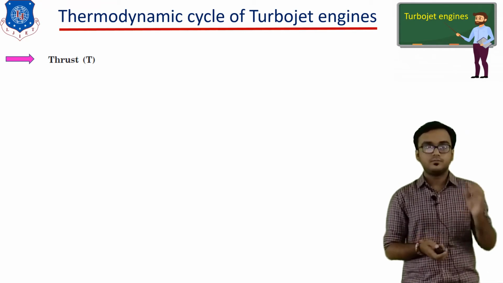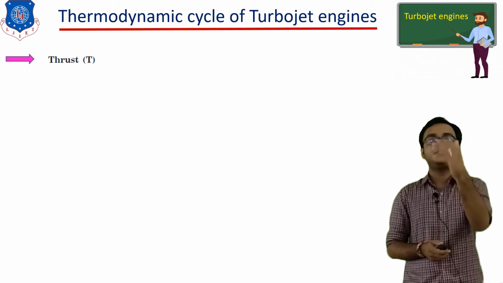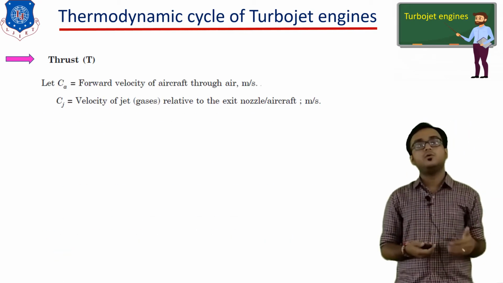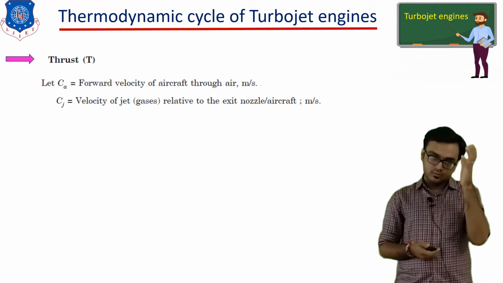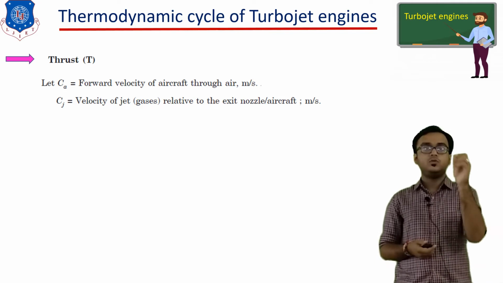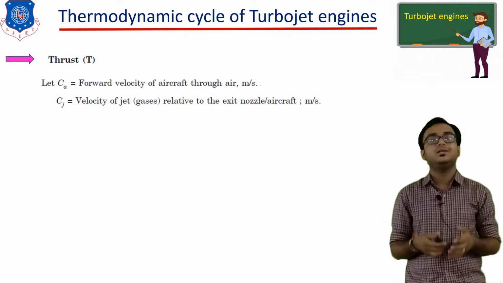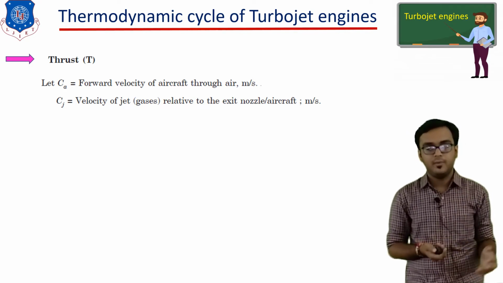So we need to identify the force exerted by the jet on the engine, that is the thrust force. We know from Newton's second law, F equals ma, that force is proportional to the rate of change of momentum.